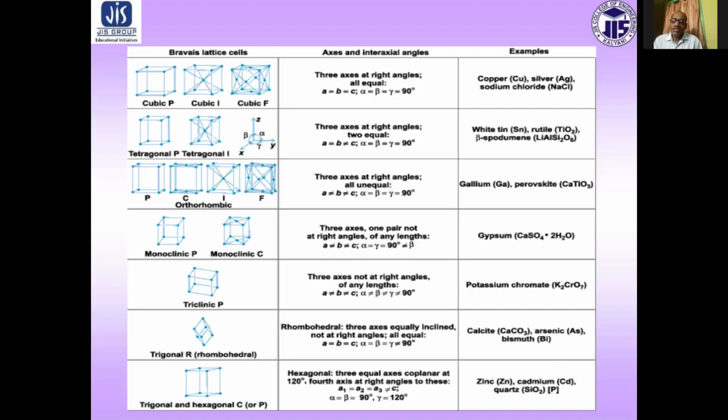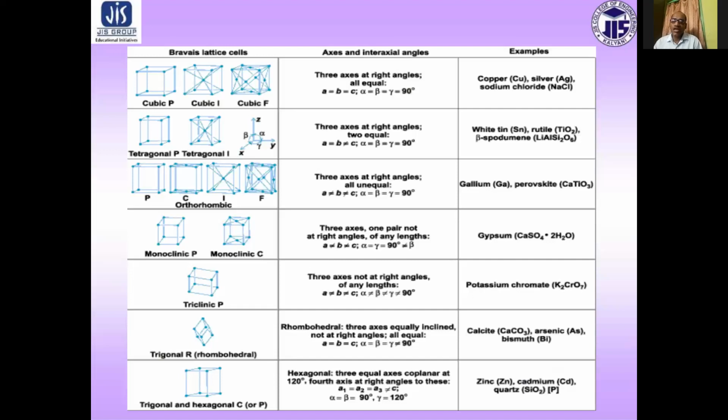Next is triclinic, which is found as simple type, that is P type. The characteristic is that these axes are not at right angles, of any length. And the example is potassium chloride. Another is trigonal, it is found in only 1 type, that is rhombohedral.